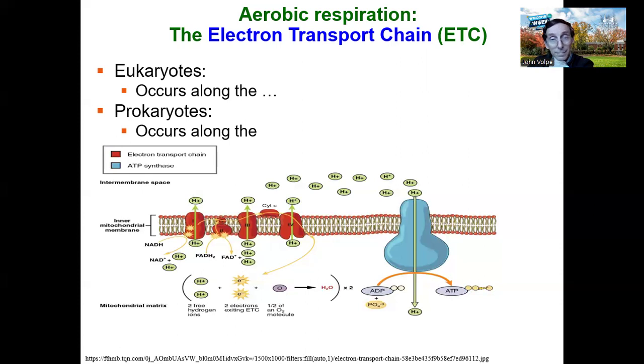Let's see. So this is how ATP gets made in the third step of aerobic respiration, as well as how the oxygen gets used up and converted into water. Any question about any of that?